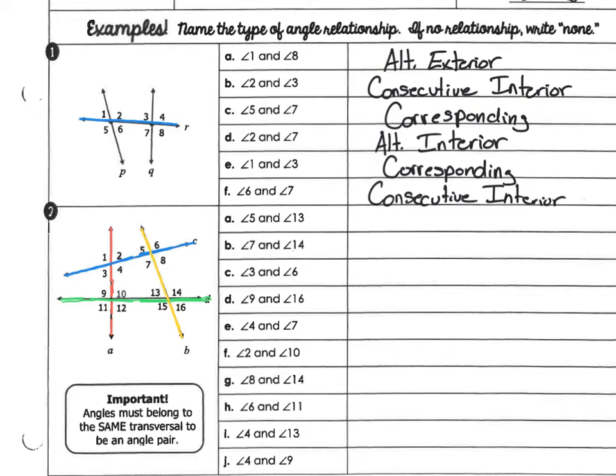All right, 5 and 13. Good. Let's look at B. 7 and 14. Are they interior or exterior? That's your first question. Okay, so 7 is interior and 14 is exterior. So look at it in terms of this here.